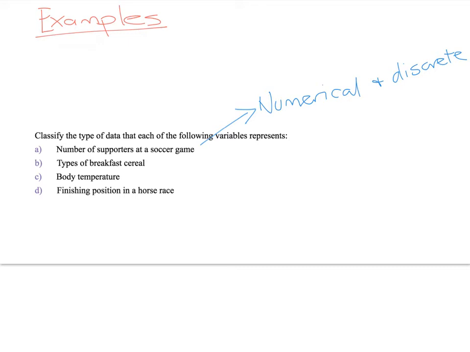Types of breakfast cereal can be put into groups, okay? So it's categorical. And when we look at that, the order isn't important at all. We're not rating them, so it's nominal data.